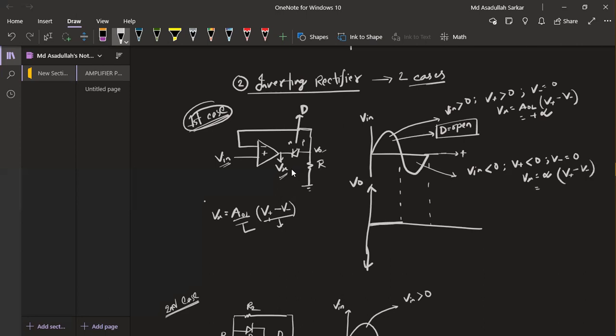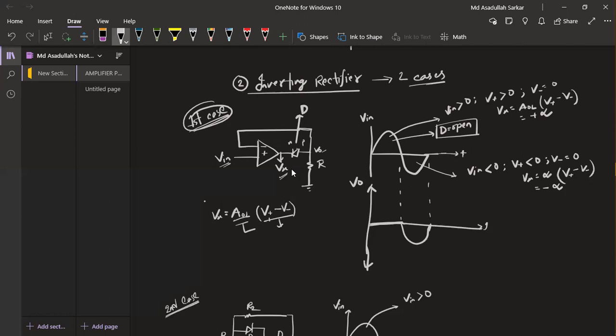As V positive is less than 0 and V negative is 0, the multiplication gives minus infinite. So the n side is at minus infinite voltage, and the p side is grounded through resistance R, so obviously the diode will be on. If the diode is on, then the circuit is fully in operation. In that case, V output will be equal to V in.